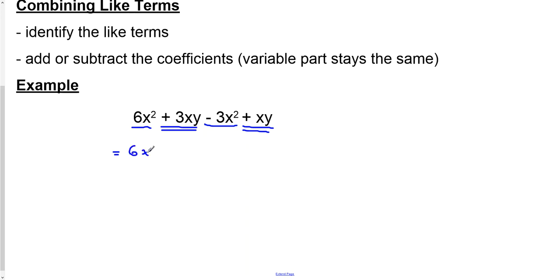So we would have 6x squared minus 3x squared plus 3xy plus 1xy. 6 minus 3 gives us 3x squared, and then 3 plus 1 gives us 4xy.